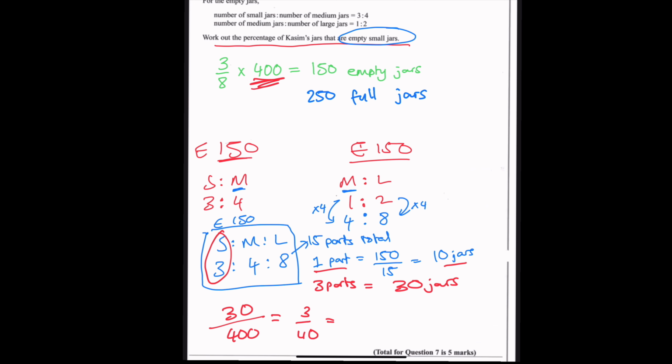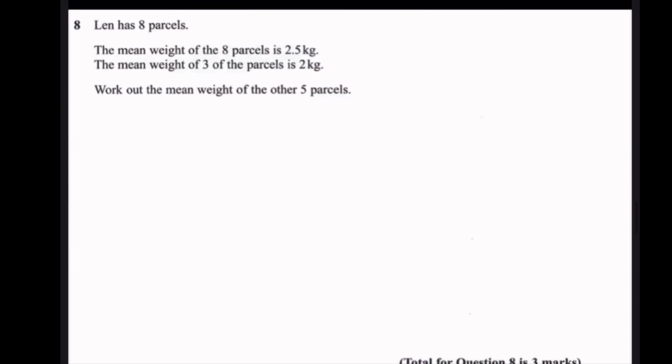Which is, I can make this into 100 by timesing by 2.5 here. And timesing by 2.5 here. This gives me 7.5 out of 100, which is 7.5% of the total.